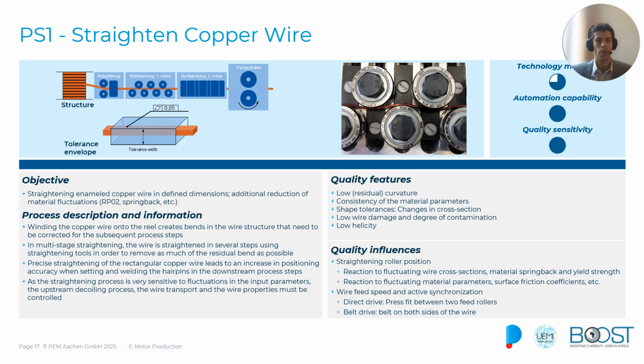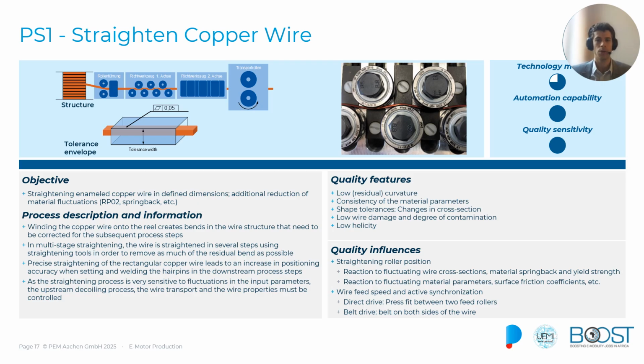Process step number 1 is straightening the copper wire. When copper wire is wound onto big coils and supplied to the production lane, it gets bent, and that needs fixing.